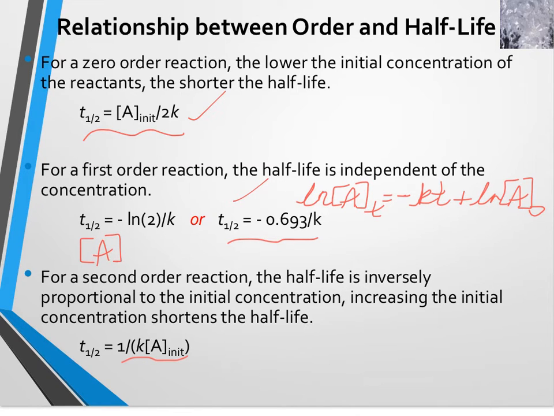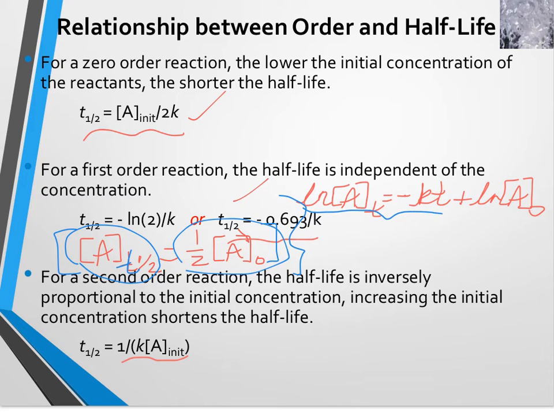the concentration when the half-life has been reached is simply 1/2 times the original concentration. So if you realize this relationship, wherever you see A sub t, you plug in this value for half-life, and you can easily get the half-life expression. So you would just come over, for example, to this first order expression.